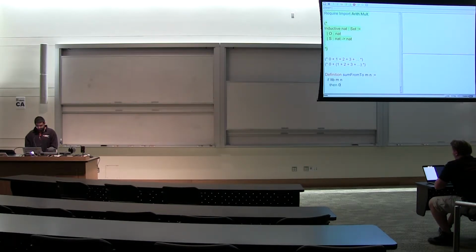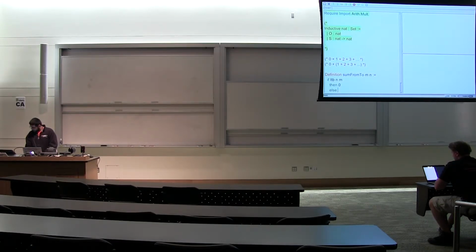Maybe it should be this way. If n is less than m, and we're going from m to n, then we return 0.